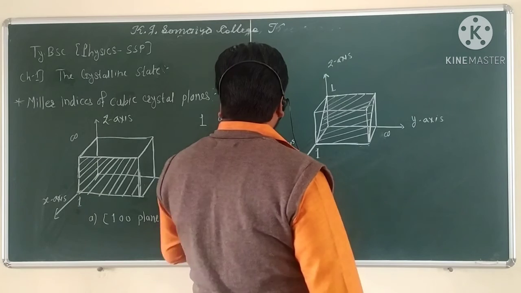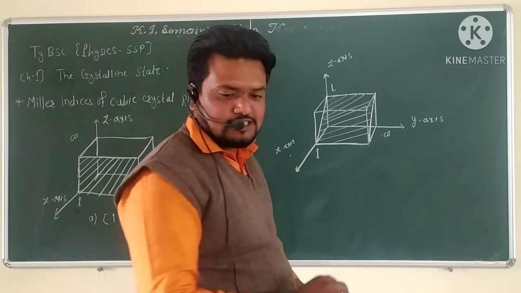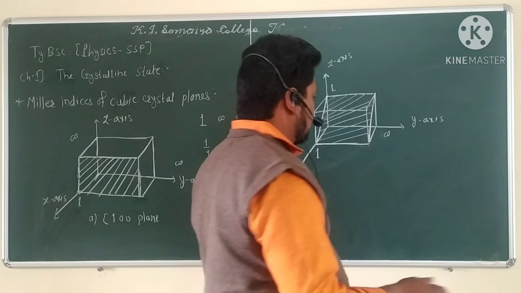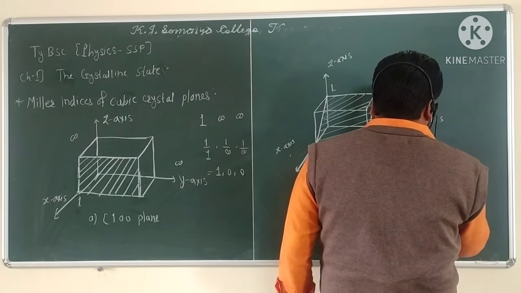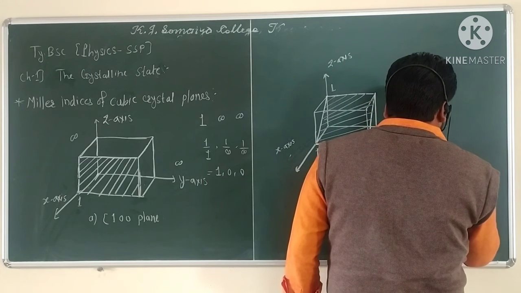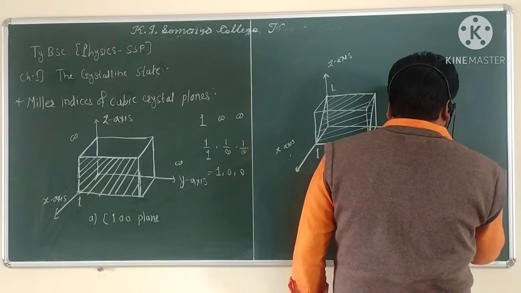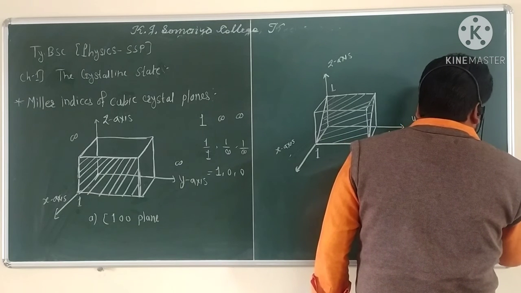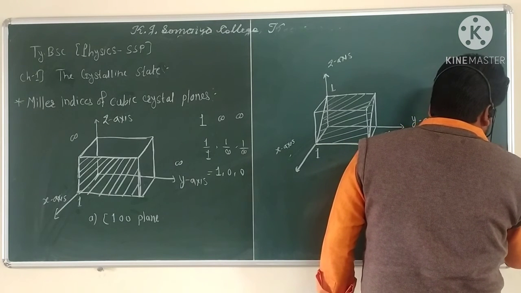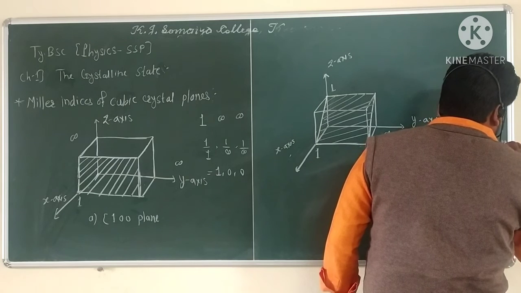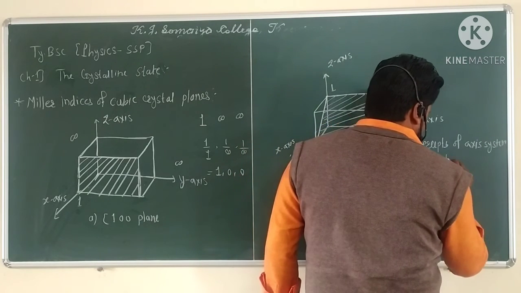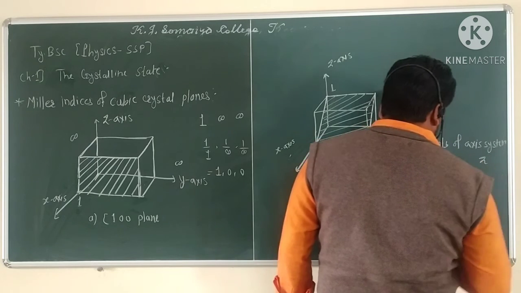So in the Miller indices process, we take the intercepts on the axial system: the x-axis parameter, y-axis parameter and z-axis parameter.